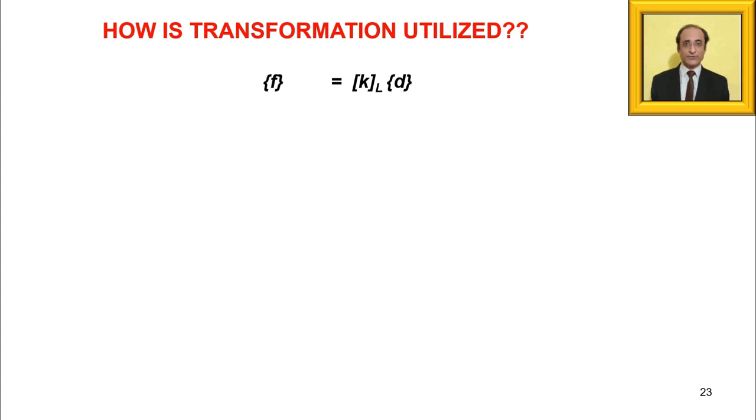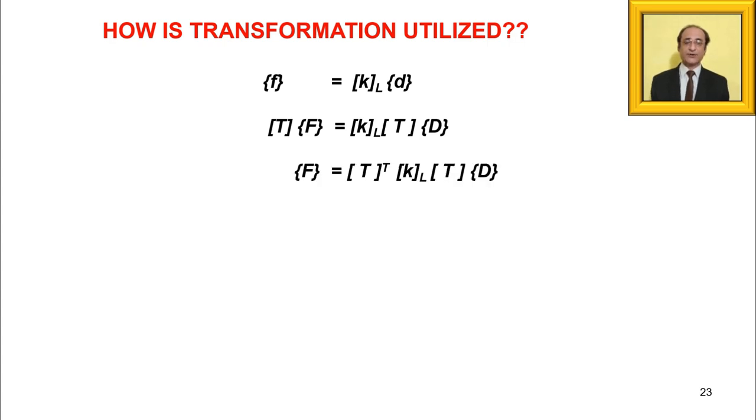Now we transform it, we multiply global to local, that's how we get it. And on this side also we have just transformed the local displacement in terms of the global and the transformation matrix, and here also. Now we take this on the other side, so inverse becomes transpose.